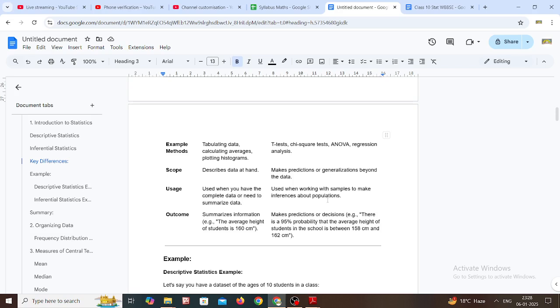We take a few groups of examples from the whole lot of a population, and we try finding out what conclusions we arrive at from those particular data sets, and then we try to extrapolate it so as to get a tendency of what the result would be if we did it for 100% of the population.